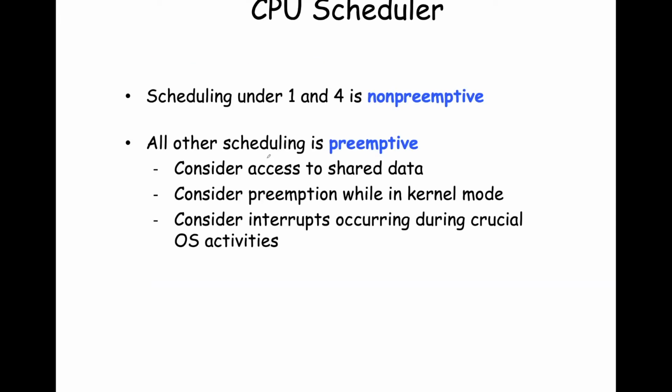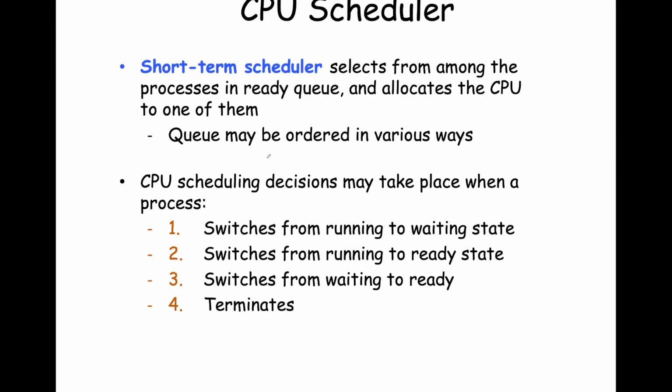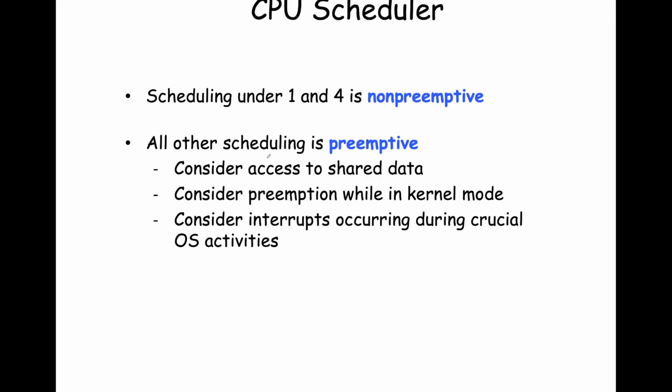And so under that first case and the fourth case, namely switching from running to waiting and termination, that's non-preemptive. And what that means is that the process itself does something that causes a scheduling decision to occur. Now, the opposite of non-preemptive is preemptive. That means that the process that was executing on the CPU was halted, right?